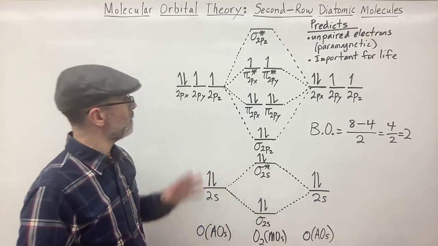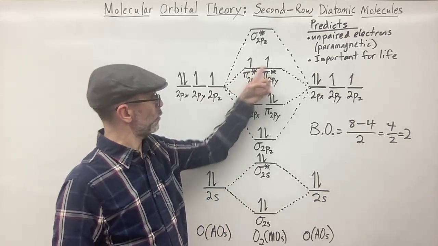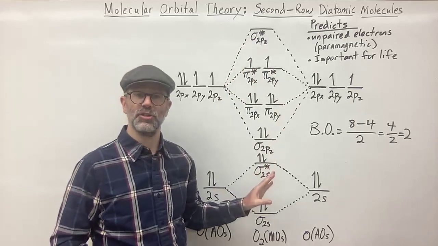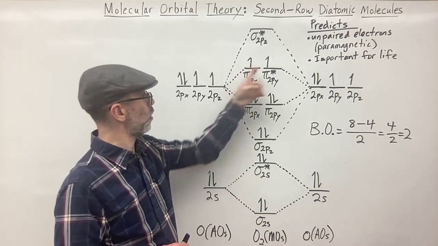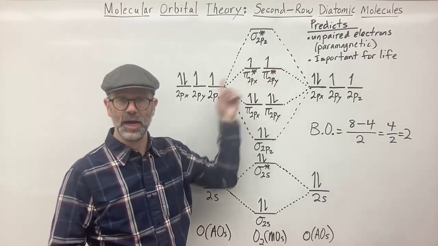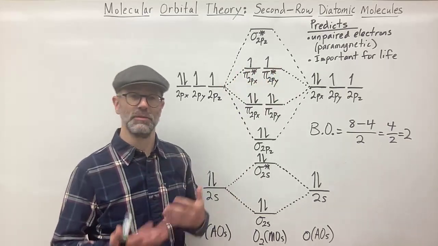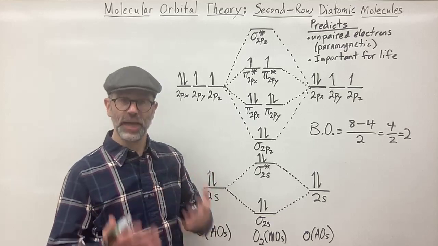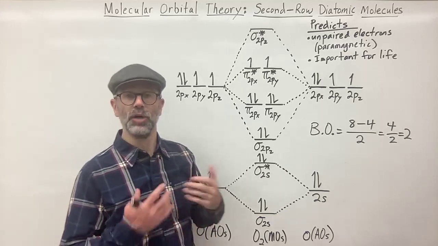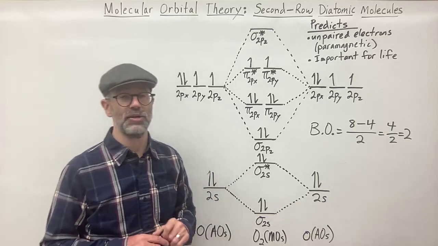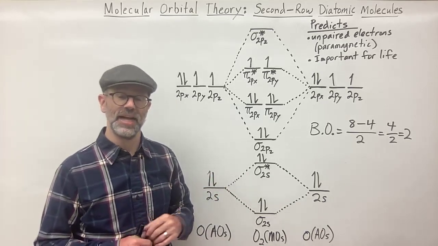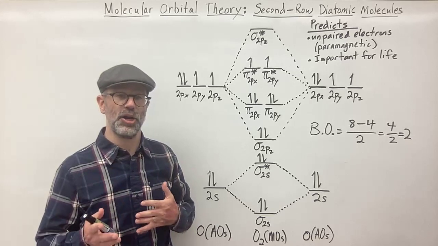And so in order for oxygen to react with other organic molecules, it would require at least one of the electrons here to flip its spin, to change its spin, and that would require a relatively large amount of energy, and that's called the spin barrier.